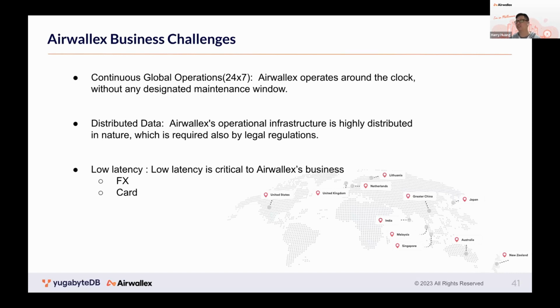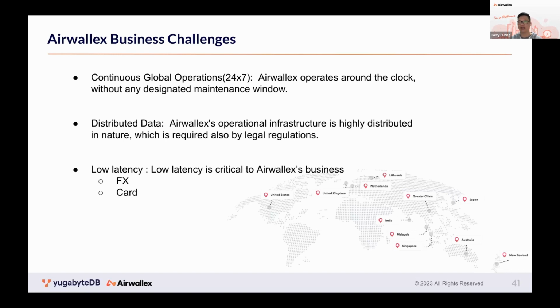And it's critical for the financial industry. This requirement necessitates distributed infrastructure that carefully manages data storage location to ensure legal compliance while maintaining data security and accessibility. And another challenge we are facing is latency.